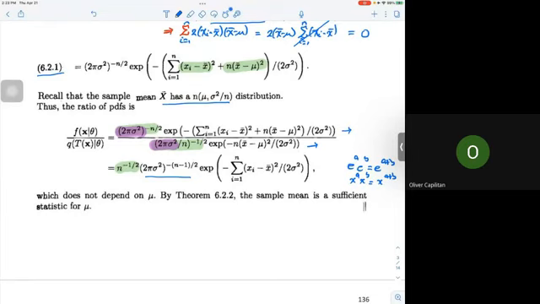So given our random sample having a normal distribution with mean mu and variance sigma square, where the variance is known, we guessed the sample mean as a sufficient statistic. So we have verified that indeed the sample mean is a sufficient statistic based on theorem 6.2.2. Any questions or clarifications?